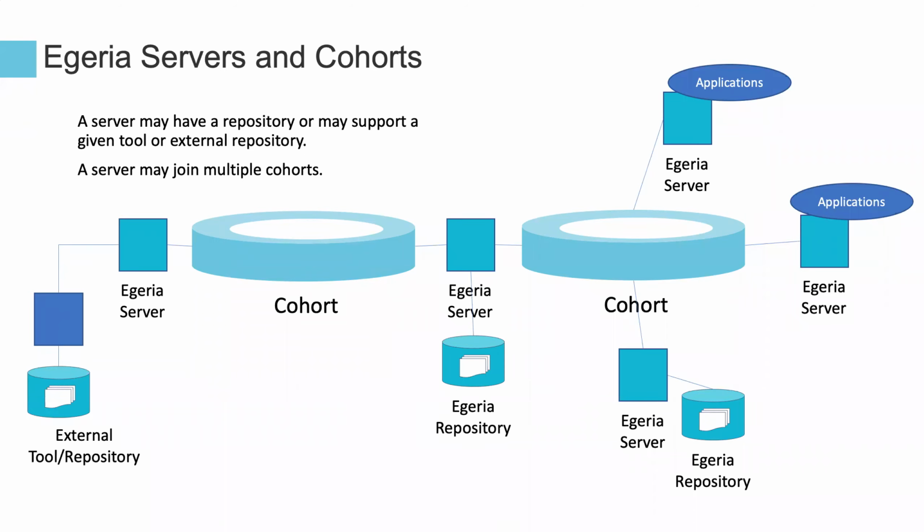Okay, so these are just some of the terms that you'll see. Later in this presentation, I'm going to focus primarily on repositories because I'm going to talk a lot about the graph repository, but I just wanted to give you the larger topological picture for now.